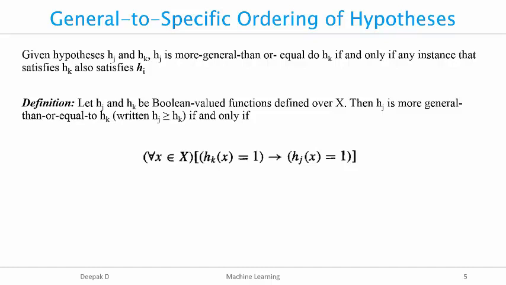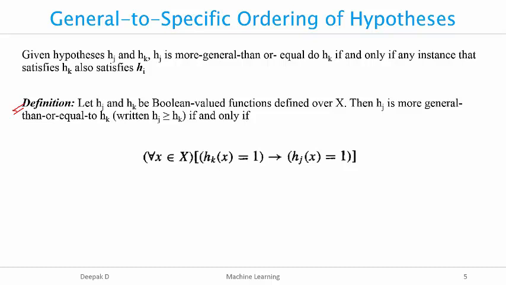So let's consider two hypotheses, Hj and Hk, where Hj is more general than or equal to Hk if and only if any instance that satisfies Hk also satisfies Hj. You can see the definition over here. Let Hj and Hk be Boolean valued functions defined over X, the set of instances.